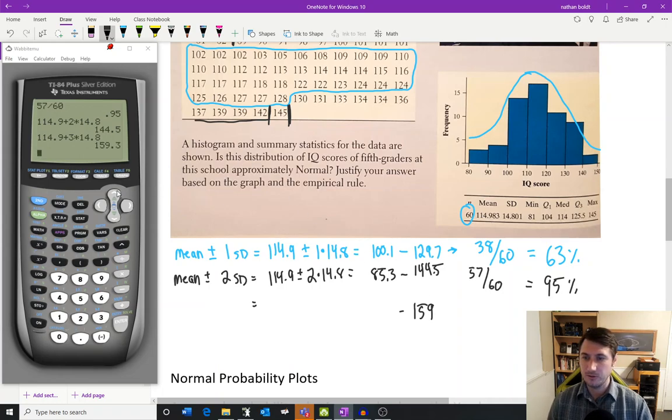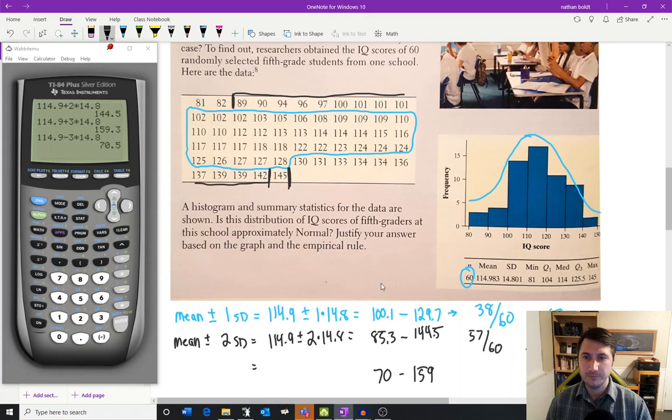What if I go down and subtract this time? That gives 70. Does that give me all my data? Yeah, 81 is the lowest in my data, so 70 definitely gets all of it. We now have 60 out of 60, so that is 100%, which is really, really close to 99.7.